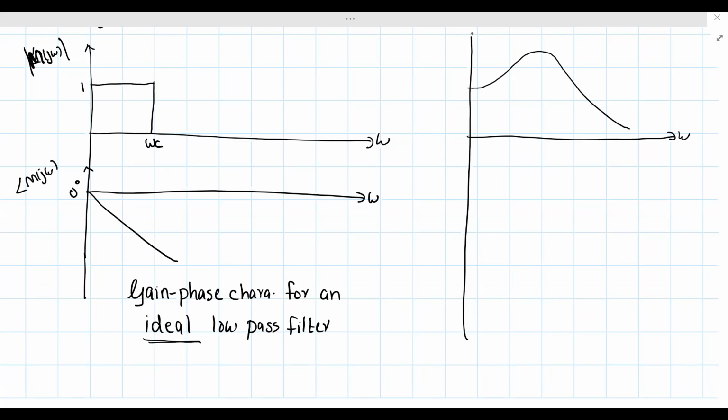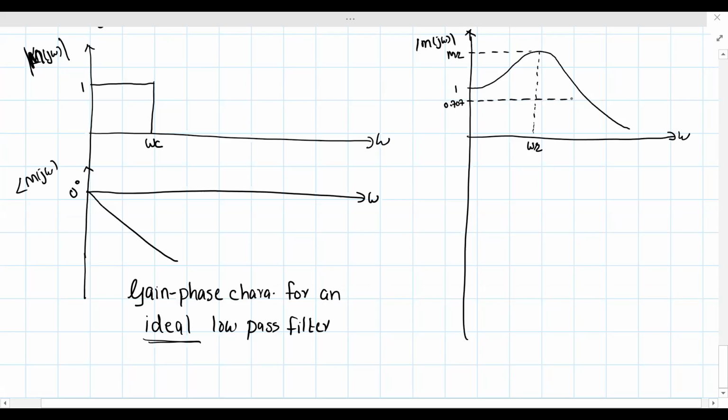This is the magnitude, modulus M(jω). Suppose this starts from 1, then there will be a peak here that happens at a frequency ωr. This peak magnitude is what we mean by resonant peak Mr, and this is 0.707.